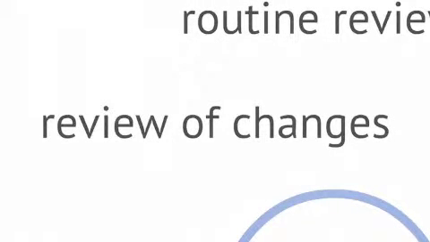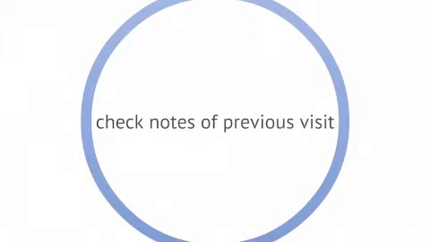Some visits are by way of review of changes, where at previous visits the treatment or the disease has changed, and we then have to look at the patient to see what is the result of these changes. So early on in the visit, check the notes of a previous visit for the plan from previously to get a sense of what the treatment progression has been.